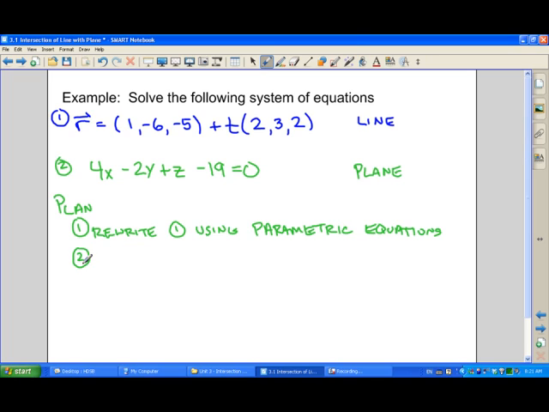Next, we'll sub the parametric equations into equation 2.